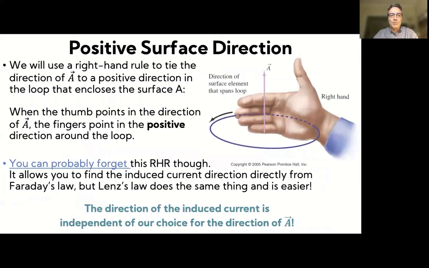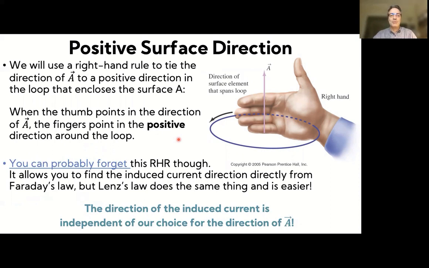And so we use the right-hand rule where essentially we defined a positive direction. We said, we'll just pick a direction, right? It's going to be up or down. Whatever it is, you point your thumb in the direction of that area vector that you picked. Then your fingers are going to curl in something that we call the positive direction.